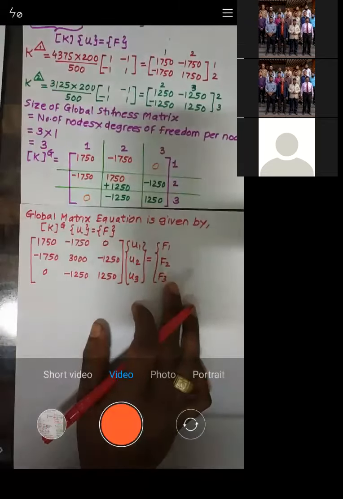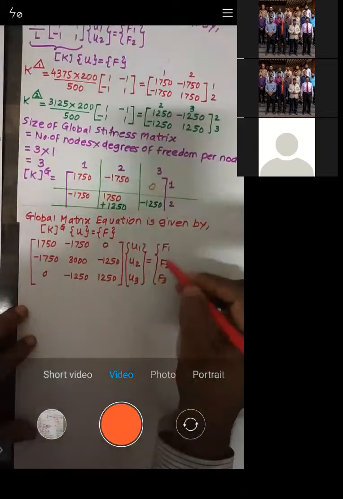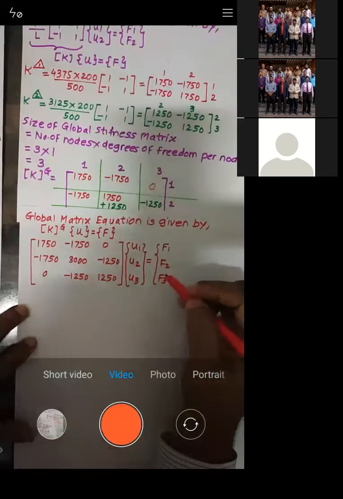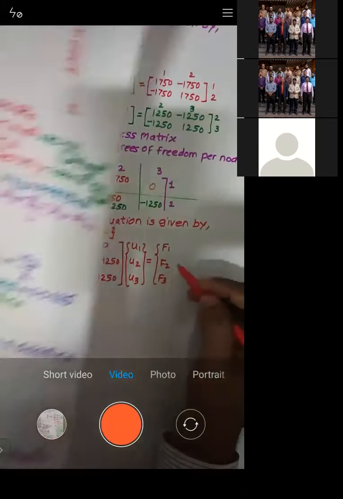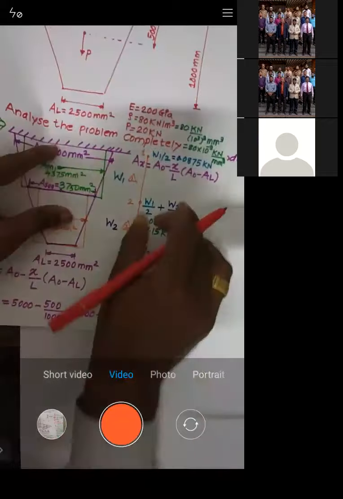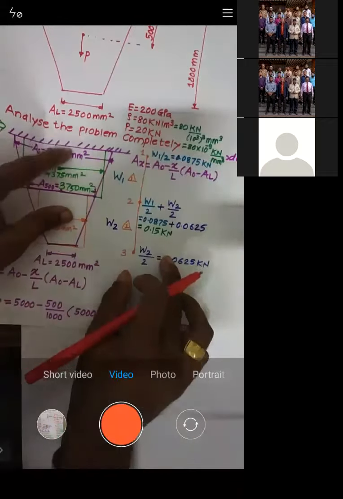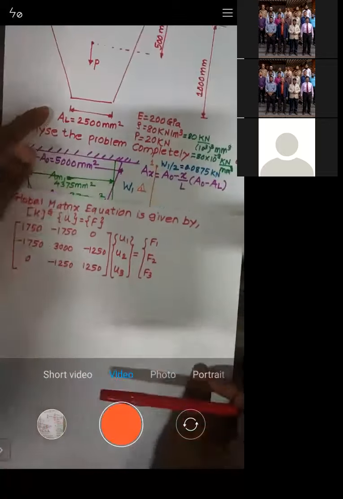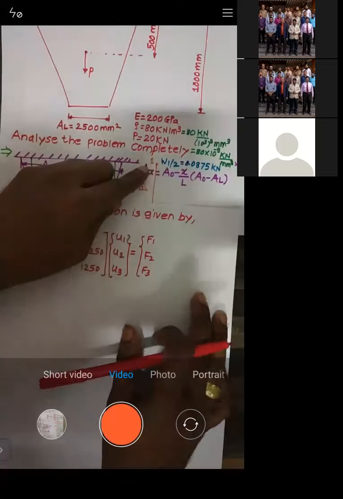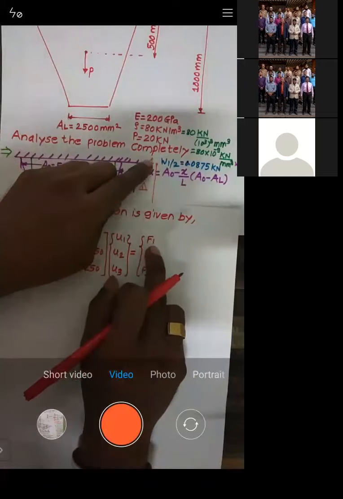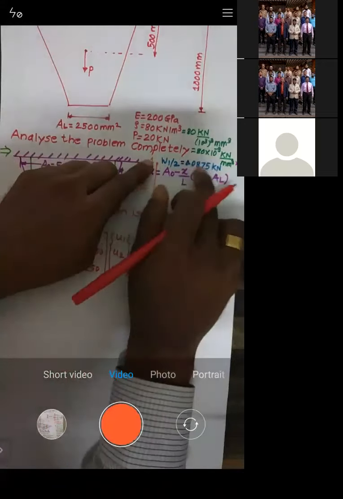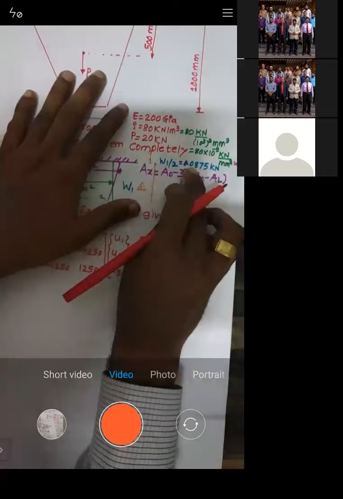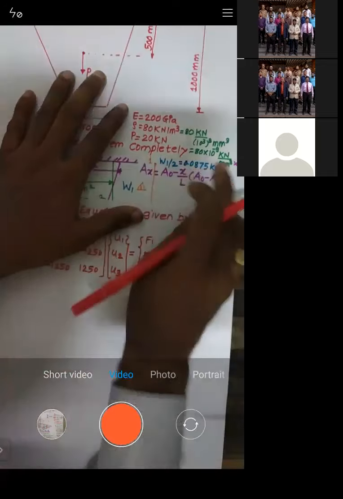Now see, these are the axial loads, or the forces which are applied. In addition to these forces, we have the weight, which will come into the picture. So at node 1, try to understand, in addition to F1, this weight will act, right? And how much will it act? 0.0875.